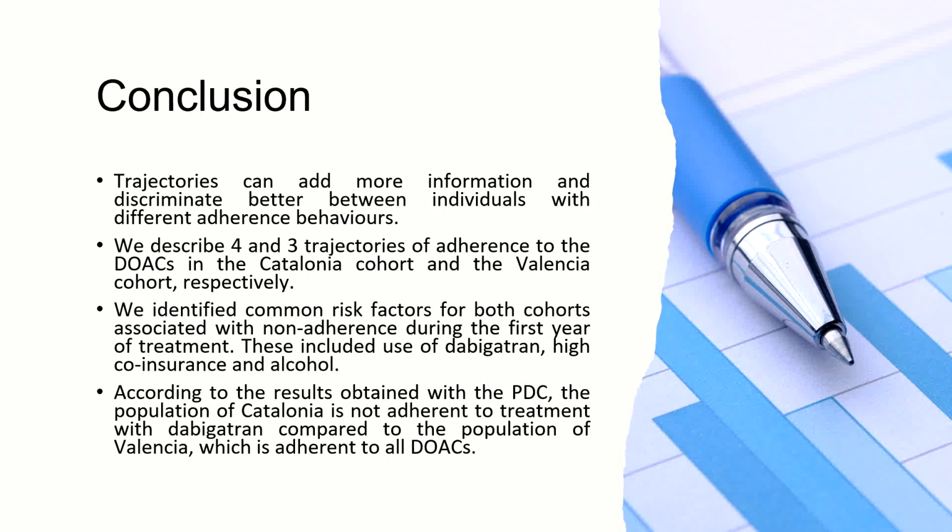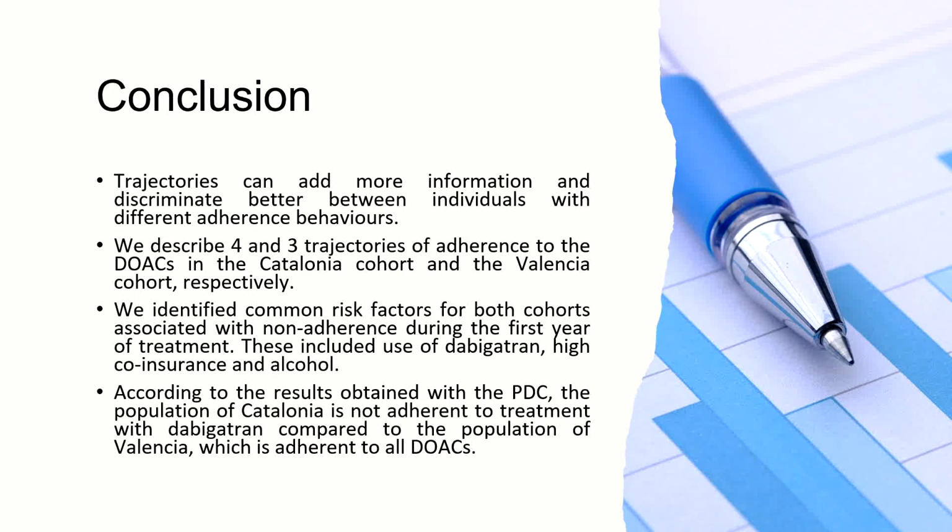In conclusion, we applied a group-based trajectory model to data from the cohort of patients with atrial fibrillation with an indication of therapy with direct oral anticoagulants in Catalonia and Valencia during 1 year of follow-up.